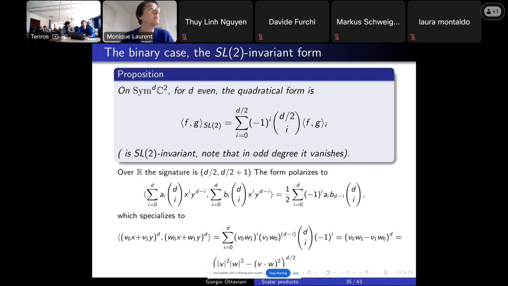What you're asking about, for ternary forms, for example, for ternary quartics, there is the famous cubic invariant, which is exactly what you're asking, but it's not a scalar product. So it does not give a distance. If it gives a measure, I'm not sure. That's interesting. Maybe I understand why you asked.